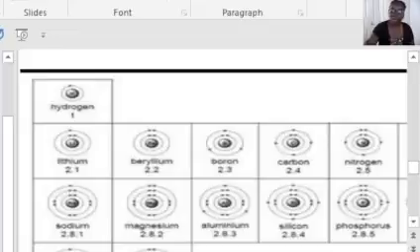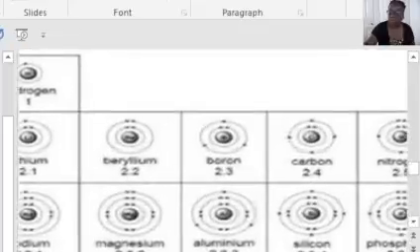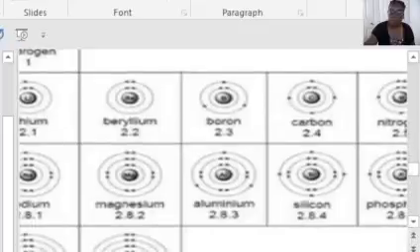Alright, so we can maybe also look at aluminum, as we've been focusing on that element. So again, the first shell can hold a maximum of only 2. Let's enlarge this a little bit more so you can see. Yes, so only 2.